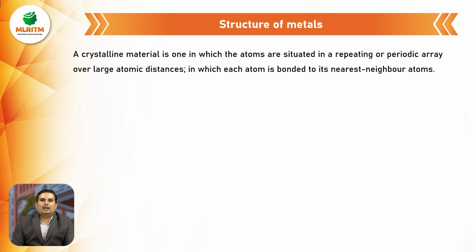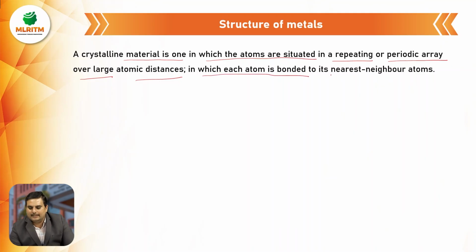The next topic is the structure of materials. The structure is nothing but the crystal structure. As I already discussed, a crystalline material is one in which atoms are situated in a repeating or periodic array over large atomic distances, in the sense of infinite distance, in which each atom is bonded to its nearest neighbor atoms.